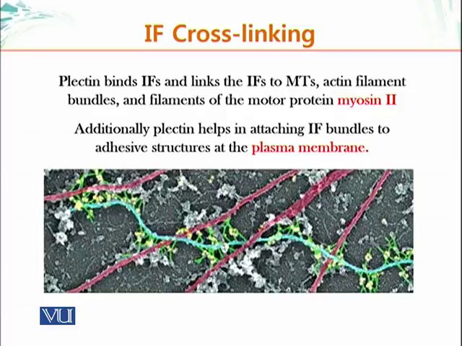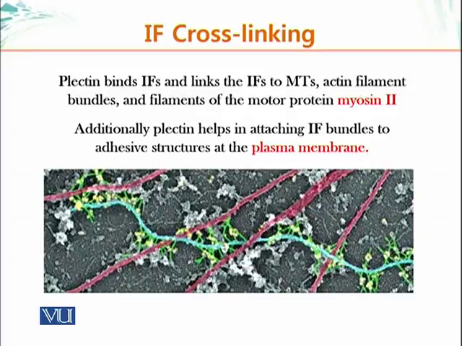By holding these different networks together, plectin plays an important role in maintaining the mechanical integrity and also viscoelastic properties of the tissue. Additionally, plectin helps in attaching intermediate filaments to adhesive structures at the plasma membrane.